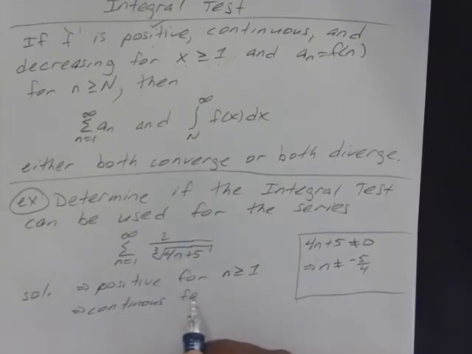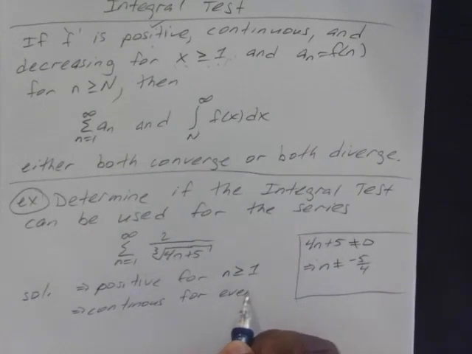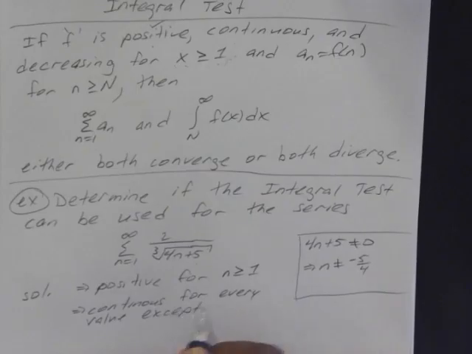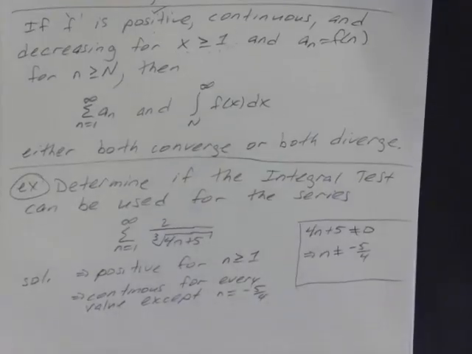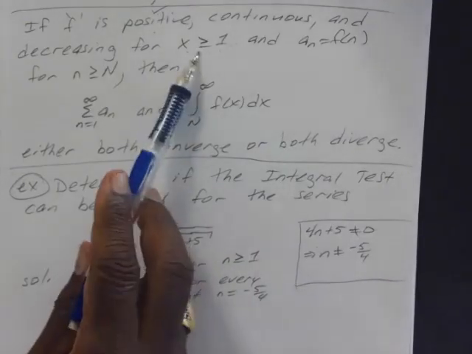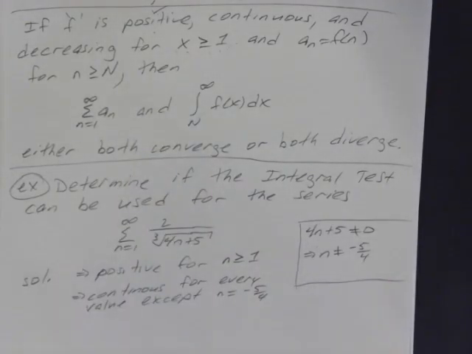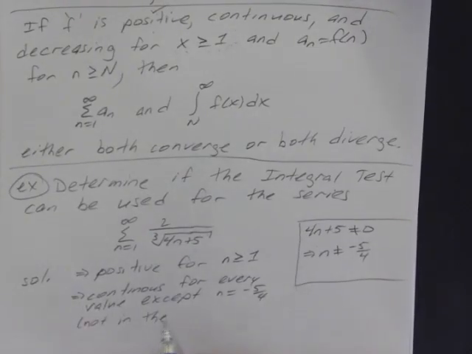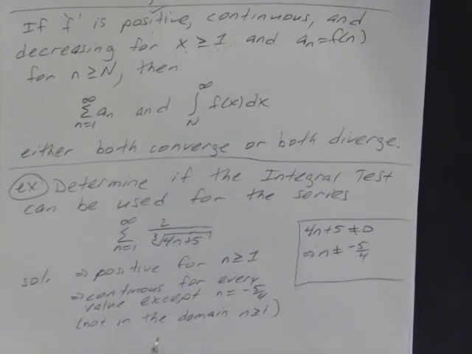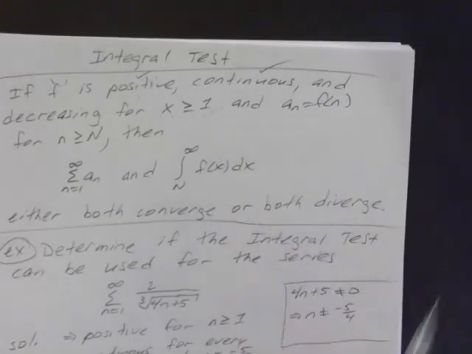So it's continuous for every value except n equals negative 5 over 4, which is not even in our domain. So we know it's continuous there, so that one checks.